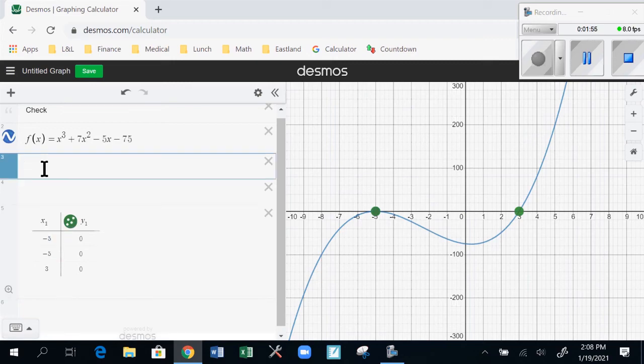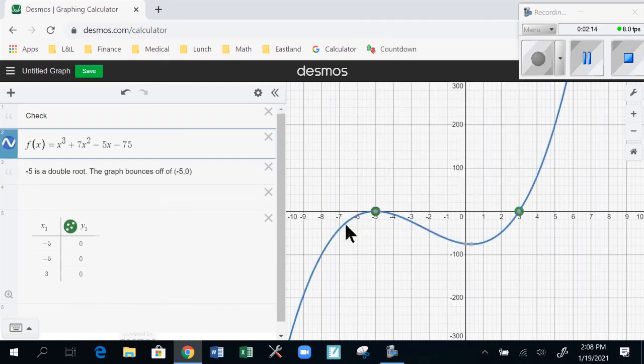The -5 here is called a double root. The graph bounces off of the point -5 comma 0. It comes up here, it bounces off -5, 0, and then turns around and comes back.